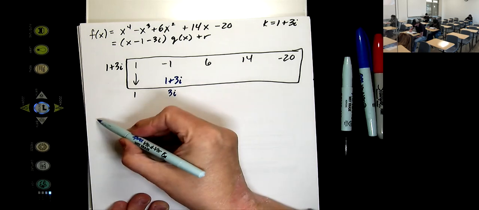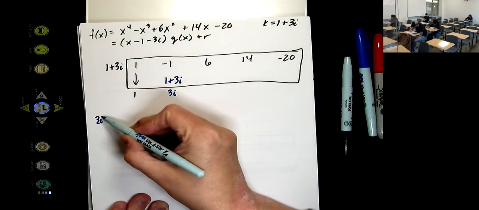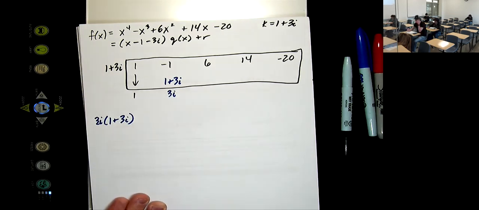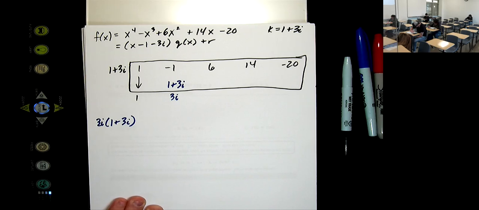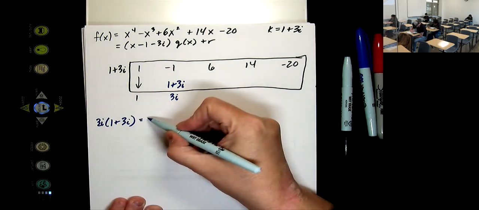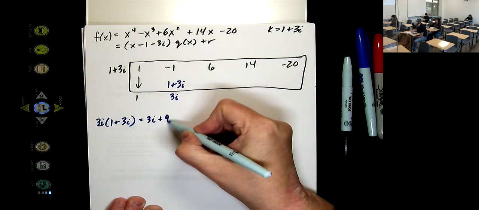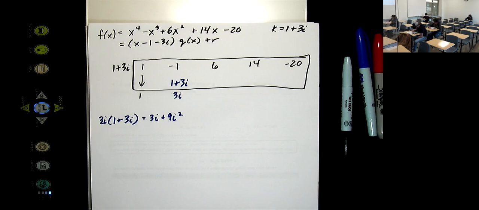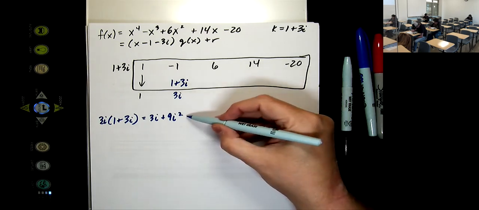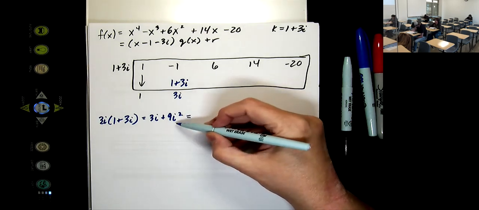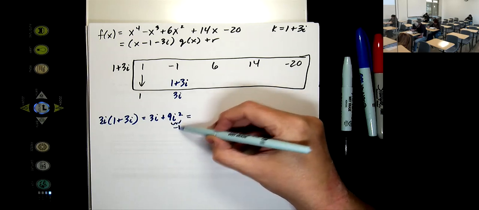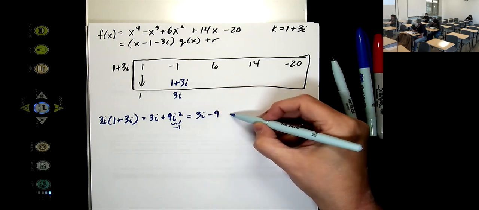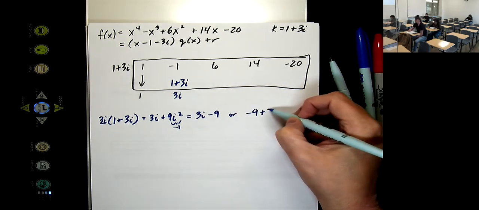So I suggest you do a little bit of work down below on that multiplication. Take 3i and multiply by the 1 plus 3i, and I get 3i plus 9i squared. But remember, i squared is negative 1. So this becomes 3i minus 9, or negative 9 plus 3i.